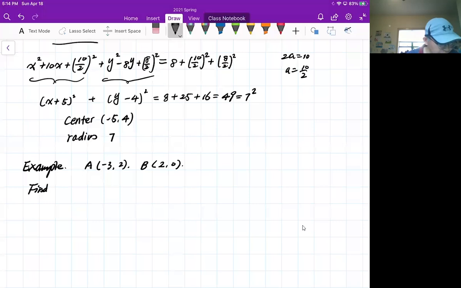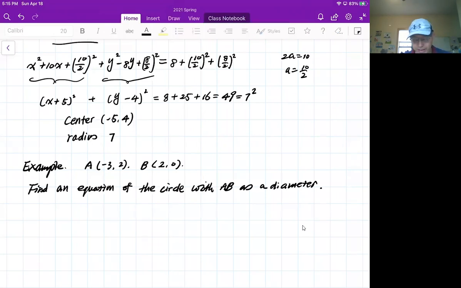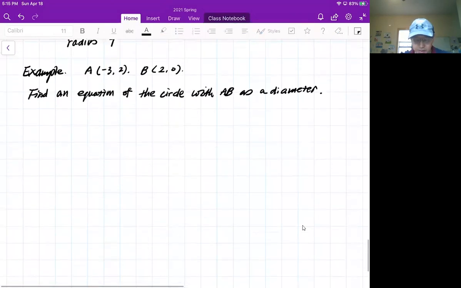I want you to find an equation of the circle with AB as a diameter. For this question, the diameter is given, right?